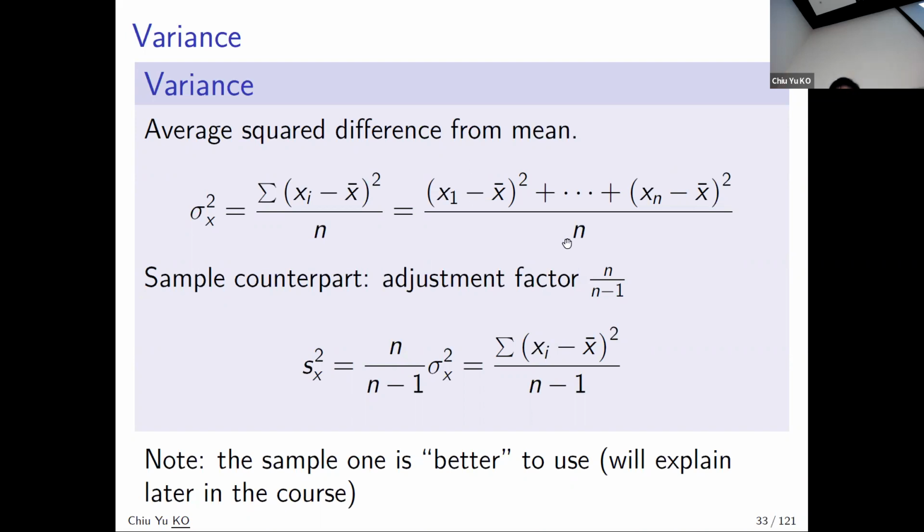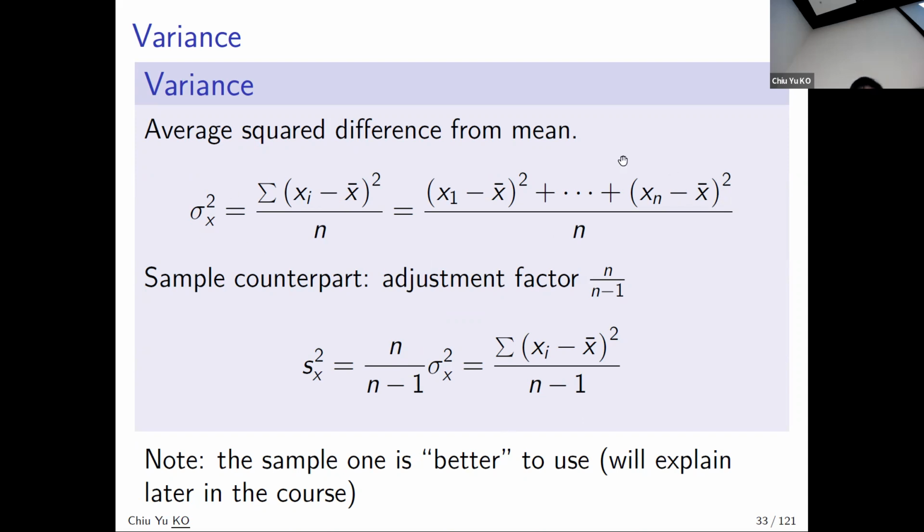Okay, and then the next part is you can see the other one here. Below we have the adjustment factor n over n minus 1. You may ask what it is, and later you will see why we want to divide by n minus 1. And if you look at Excel later, we will look at it.